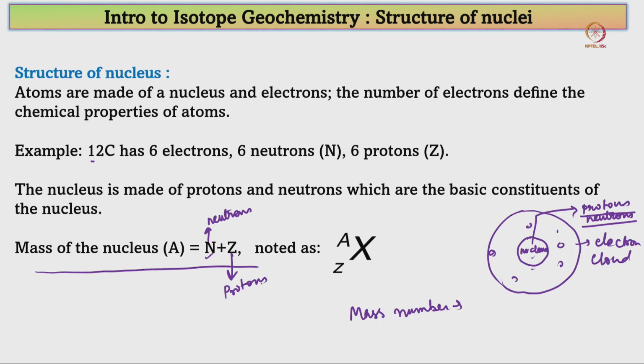Mass number is N plus Z. Protons define the atomic number of the element, while the mass number is defined by the neutrons and protons together. So, if the mass number of carbon is 12, then it has 6 electrons, 6 neutrons and 6 protons.